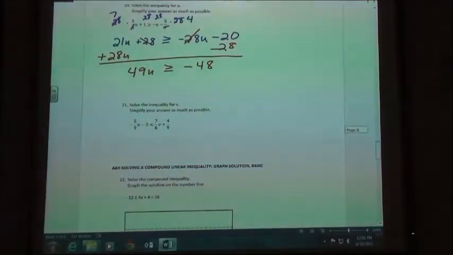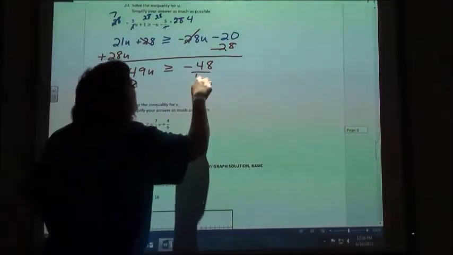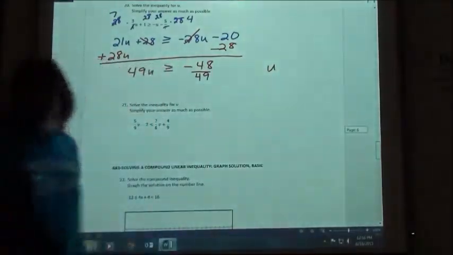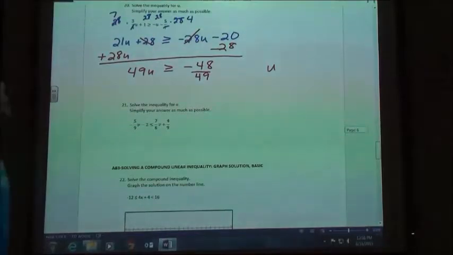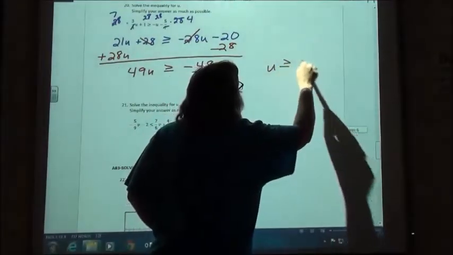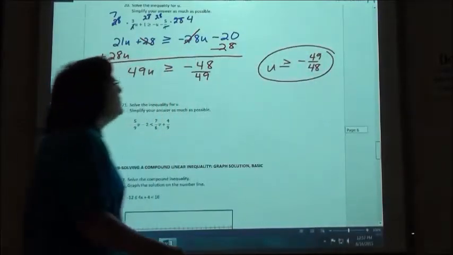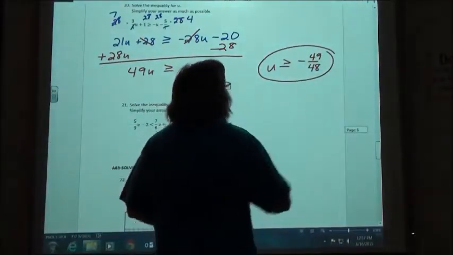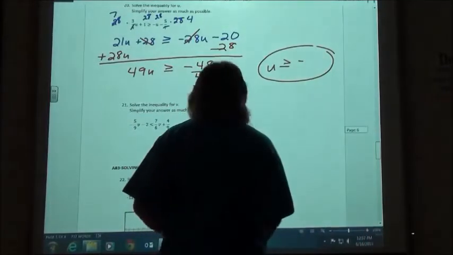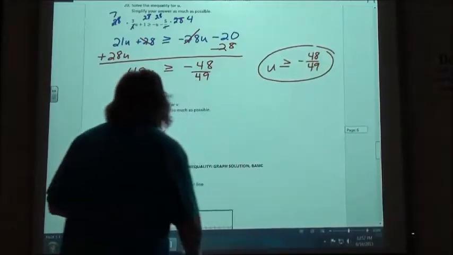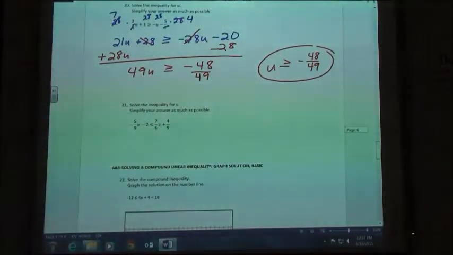And so when I divide by my 49, my answer would be u is greater than or equal to negative, whoops, I better write it the right way. 48 was on top. 48/49. Again, they'll put the negative out in front instead of on the top of the fraction.